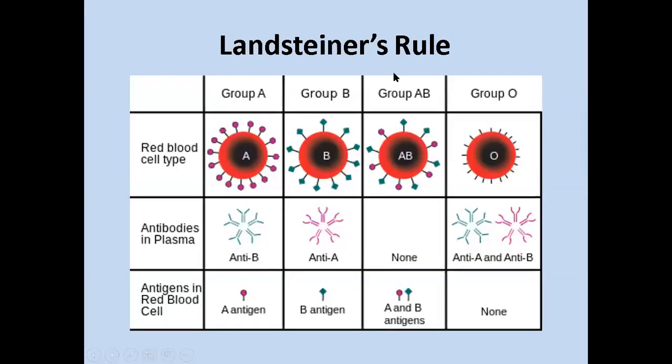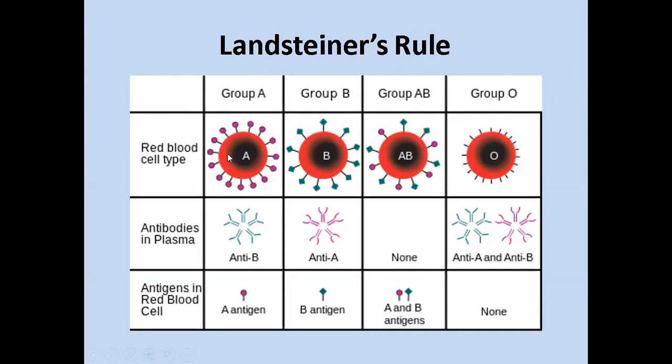So this is another chart that basically compares all of the blood groups, which antigens are present on the red cells, and then also naturally occurring antibodies that an individual would have. Okay, so we're just going to basically review this. So when we have type A, they're called type A because they have that A antigen, and since they have type A antigen, they would only have an antibody to the antigen they lack.